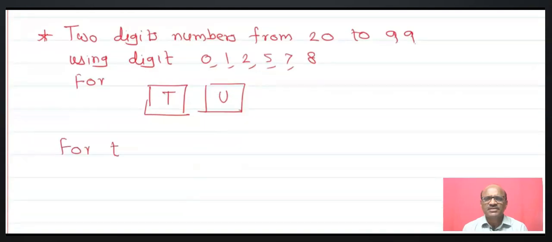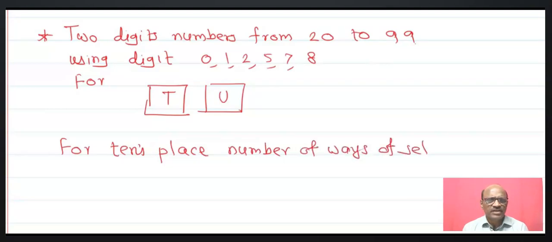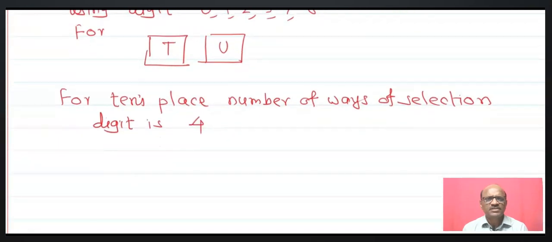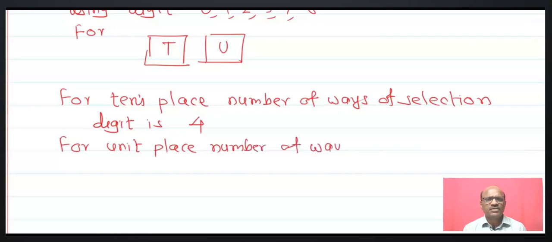For the 10th place, the selection will be from 2, 5, 7, 8, that is the number of ways is equal to 4. Because we cannot take 0 or 1 for the 10th place. Therefore, the number of ways for the 10th place is 4.